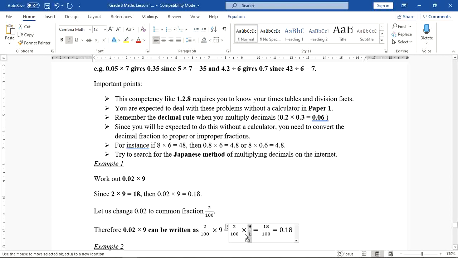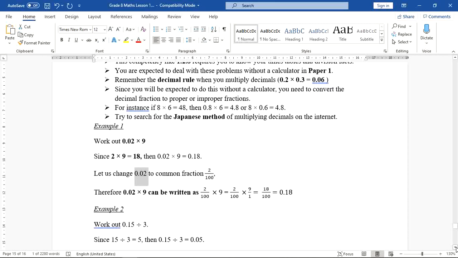Multiplying fractions, numerator by numerator, denominator by denominator: 2 times 9 gives 18, and 100 times 1 gives 100. So 18 divided by 100 will give us 0.18. If you can't do this mentally, then you should convert this to a common fraction. Let us go to example number 2.